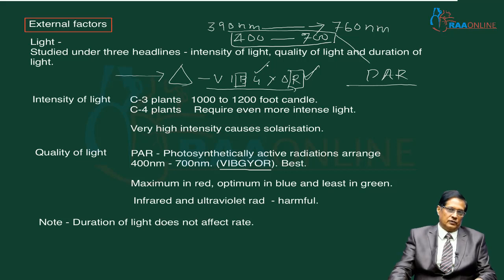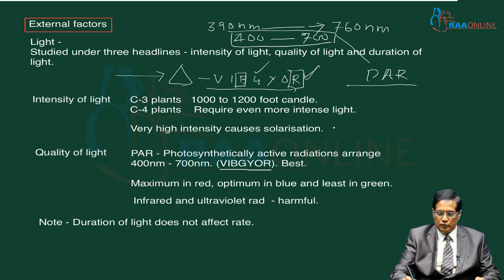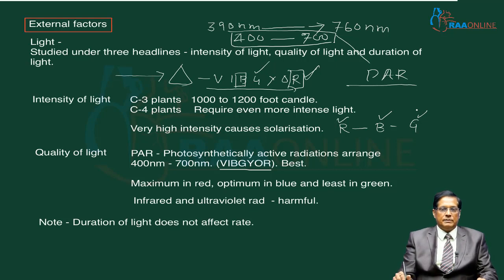Photosynthesis takes place least in green. Chlorophylls are green colored pigment. They reflect green light. So if we arrange monochromatic light in order, then R, B and G. These are the 3 colors: maximum, optimum and minimum.